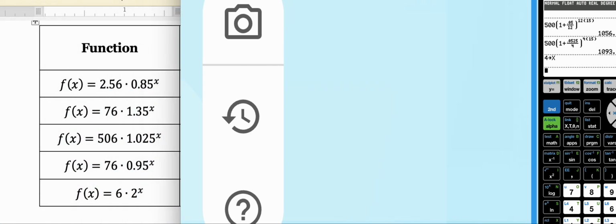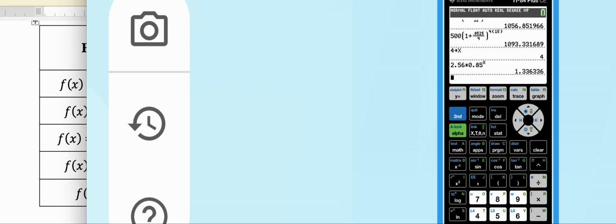Okay, so now all my x's are 4, so I don't have to keep going around. 2.56 times 0.85 to the x. Okay, so my answer there is 1.34.